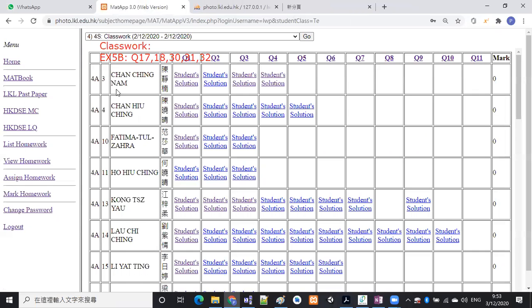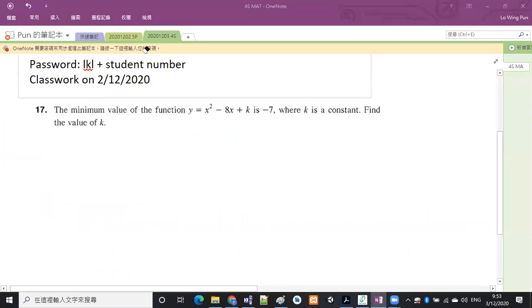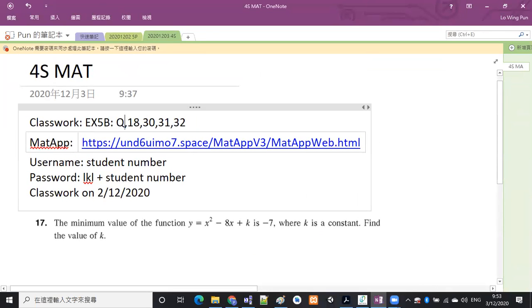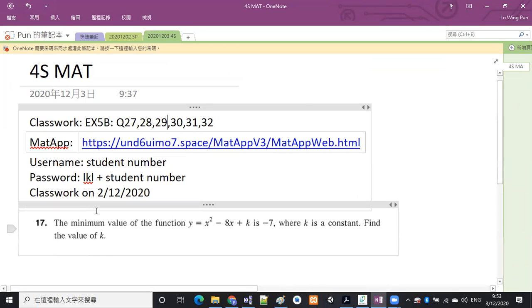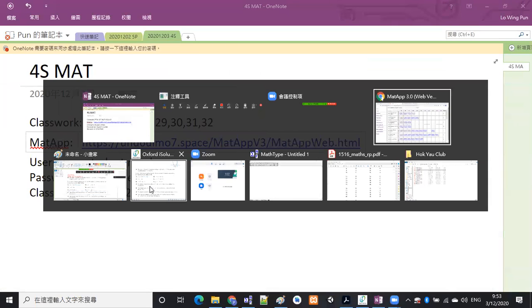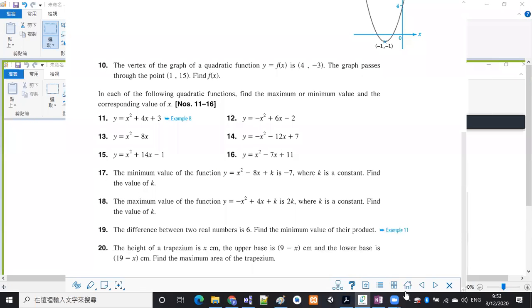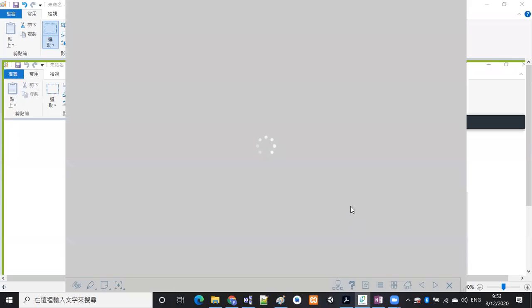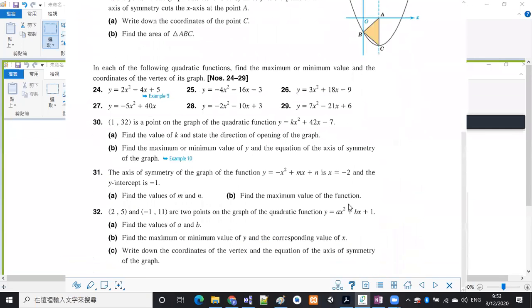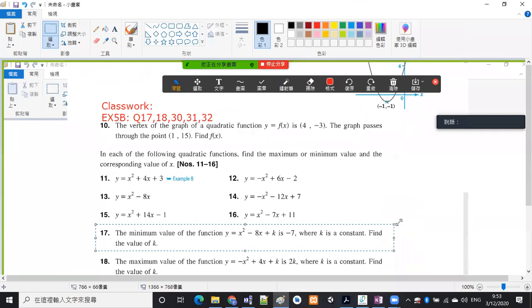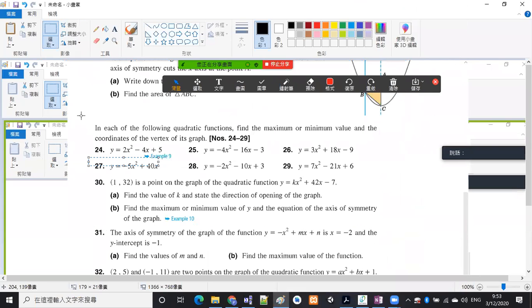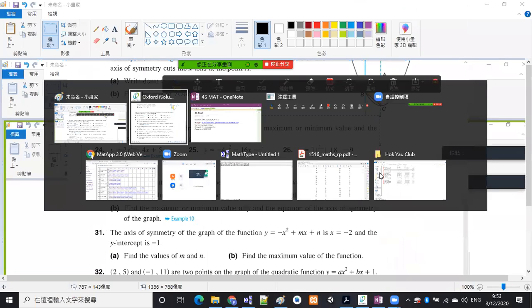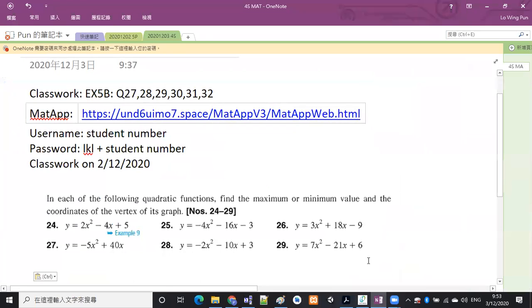I start from 27. Okay, so let's start from 27.